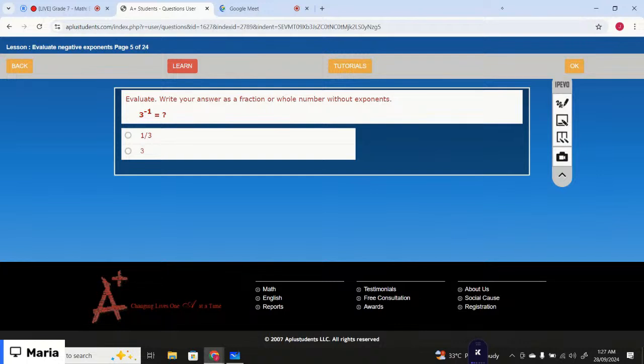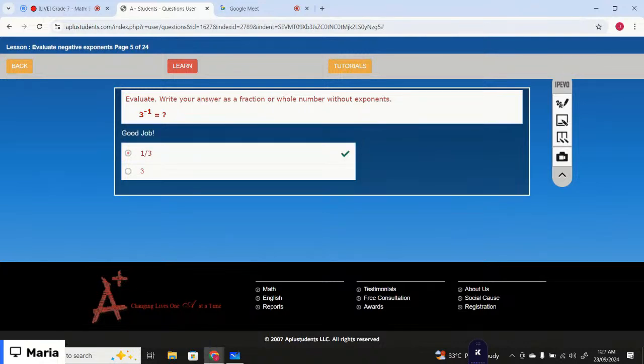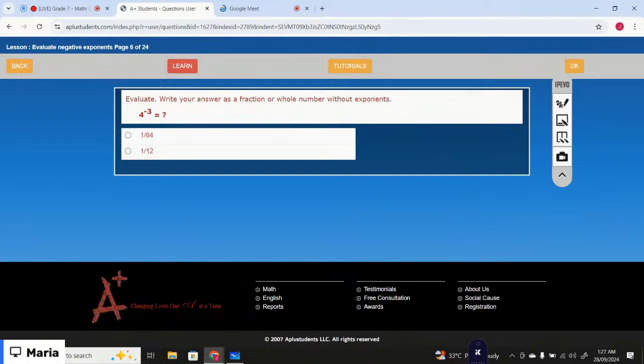Option number 1 is the correct option. That is 1 by 3. Okay, 4 exponent negative 3.